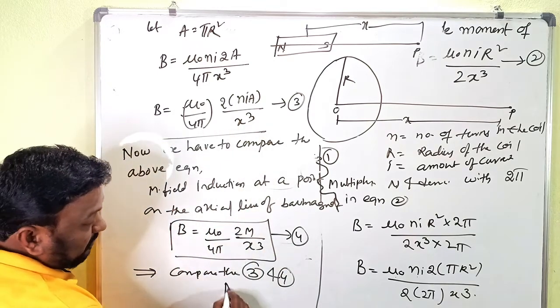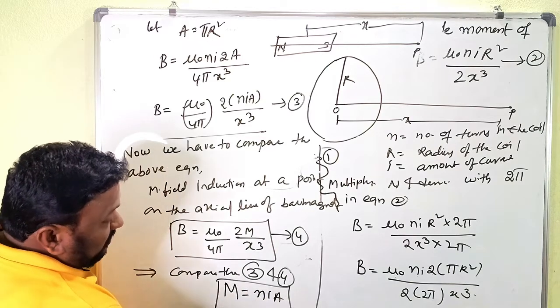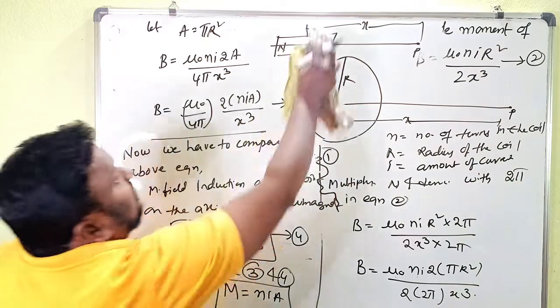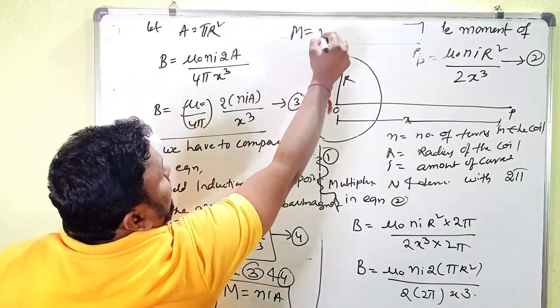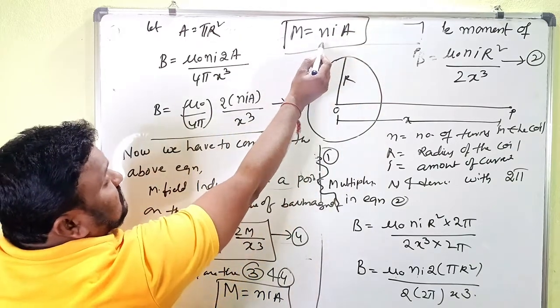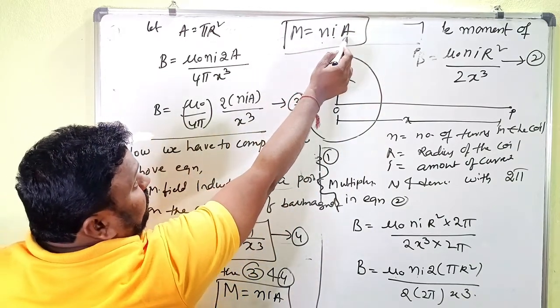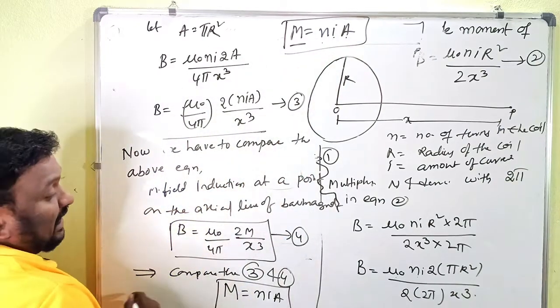By comparing those equations, you can write M is equals to n I A. M is equals to what? n I A. The product of number of turns, current and area of the coil is called the magnetic moment or dipole moment.